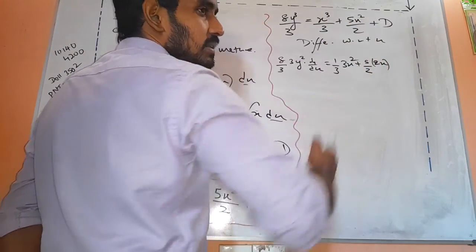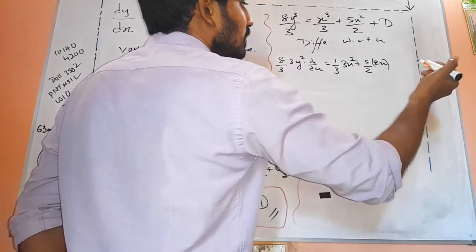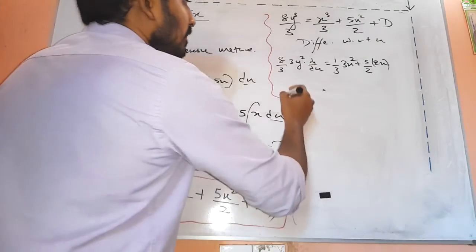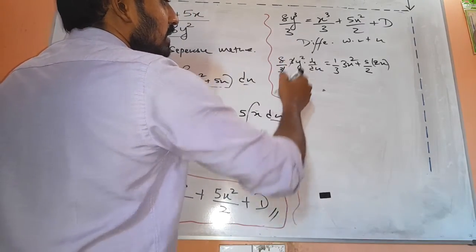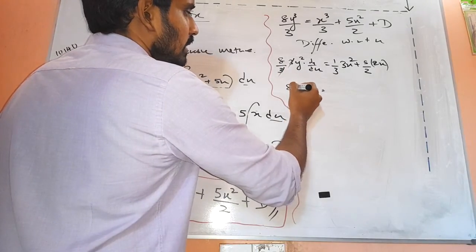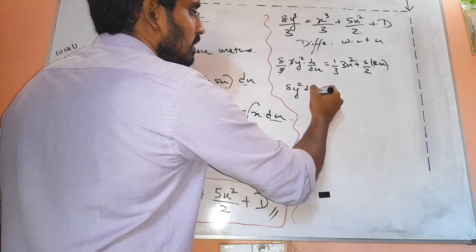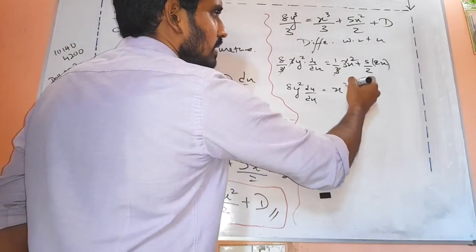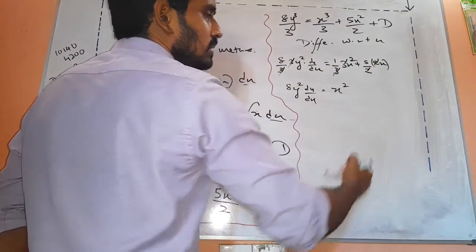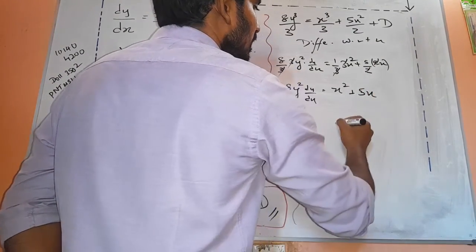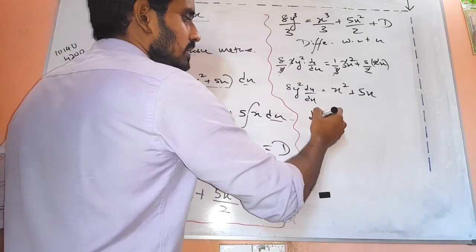Now this D is a constant. If you differentiate a constant, it is 0. So what is the final answer? Here the 3s cancel, so 8y squared dy by dx, and here the 3s cancel, so x squared, and the 2s cancel, so 5x.